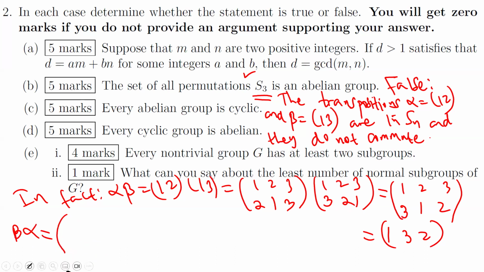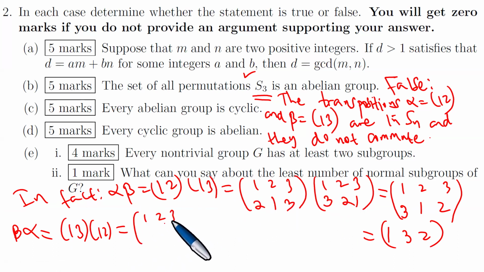Now the beta alpha can start. I want to write it properly. 1, 3, 1, 2, and then we can write the permutations in this notation. The 1, 3 can be written like this: 1, 2, 3, 3, 2, 1. We've already seen why that is the case. The 1, 2 is this one: 1, 2, 3, 2, 1, 3.